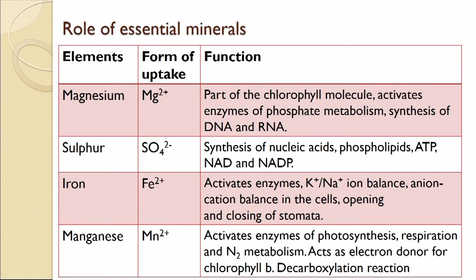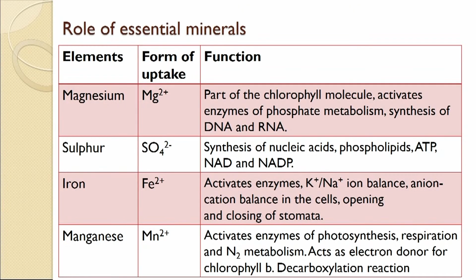And iron is taken up as a Fe2 plus ion from the soil, and iron is particularly required for leguminous plants where nitrogen fixation occurs, and it is also required for maintenance of chlorophyll in the plant body.